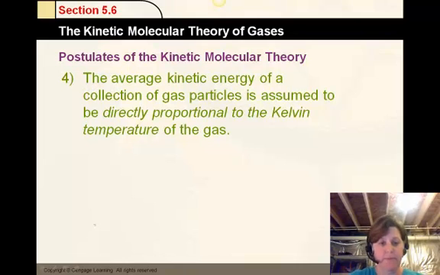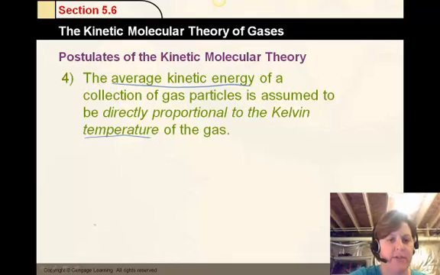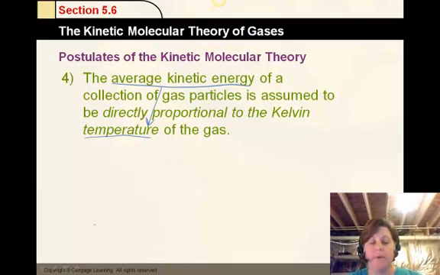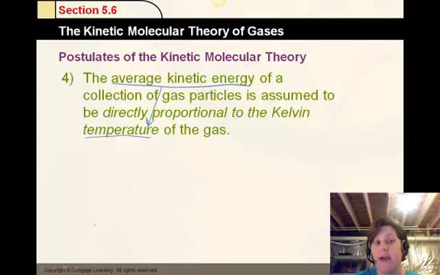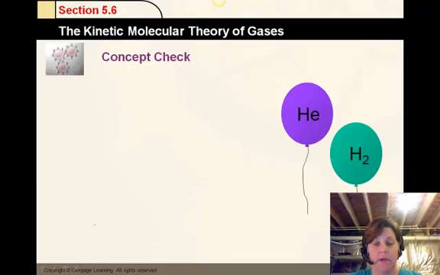Remember, temperature is defined as average kinetic energy. So when you see the word temperature, you can substitute the phrase average kinetic energy. And if you see the phrase average kinetic energy, you can replace it with the word temperature, and sometimes that helps answer particular questions.